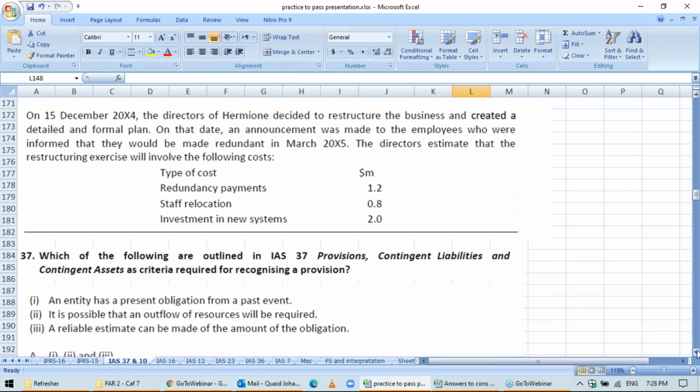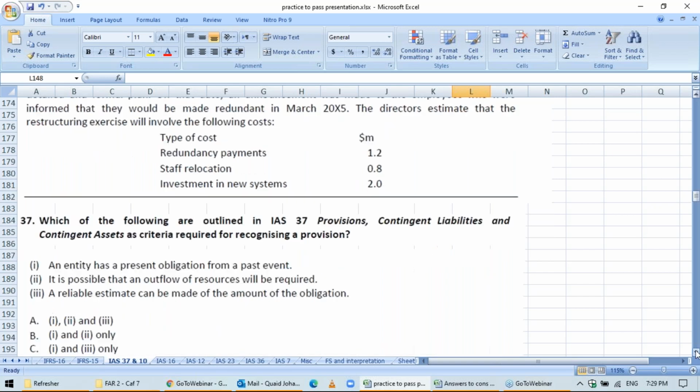Question 37 is a general one. Which of the following are outlined in IAS 37 provisions, contingent liabilities, and contingent assets as criteria required for recognizing a provision? There is a paragraph in IAS 37, its number is 14. So it requires criteria for when you will recognize a provision. So there are three requirements.